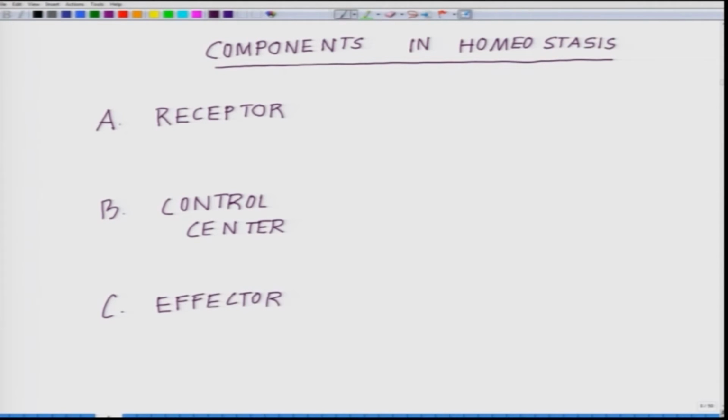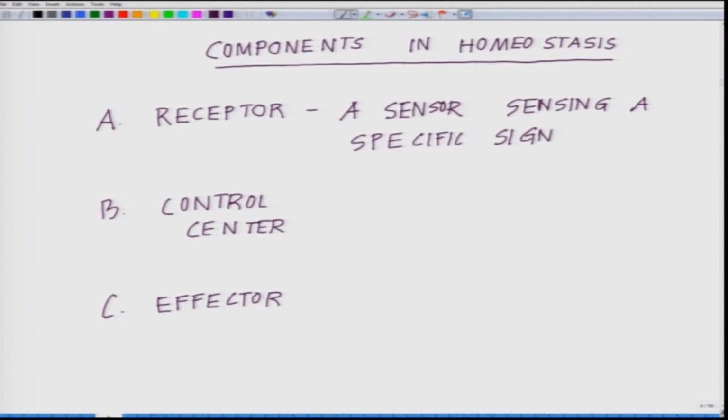So your receptor is basically a sensor sensing a specific signal or stimulus.